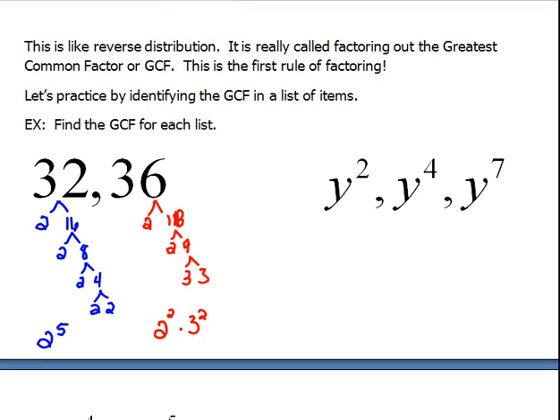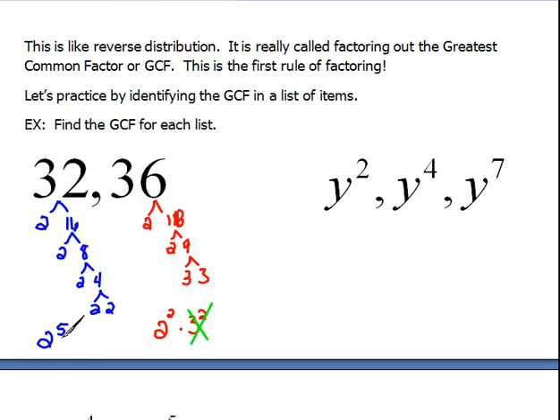Now, when we want to figure out what they both have in common, or the largest factor that they have in common, we have to look at their basic factors and look at what they have in common. Let the word tell you what to do. They don't have 3's in common, do they? Because the 36 has factors of 3, but the 32 does not. Now, over here we have 2 of these 2's.